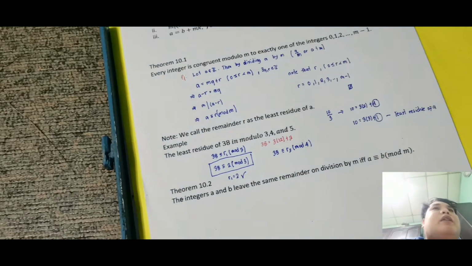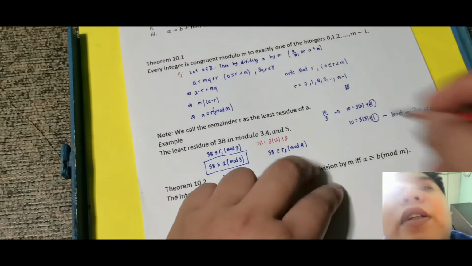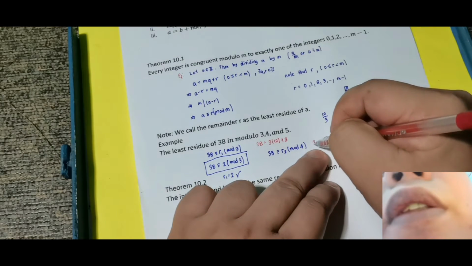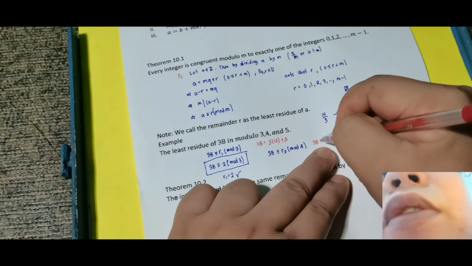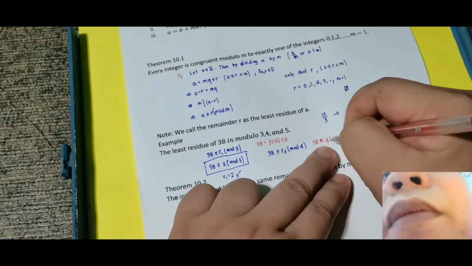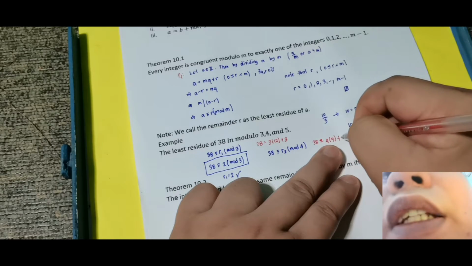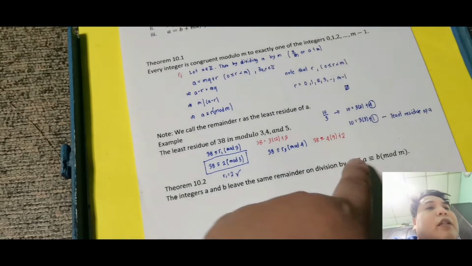Isip tayo. Possible dinivide ko siya sa 4. So 38 is equal to 4 times 9, kasi that is 36, then plus 2 pa rin. Yun yung pinaka-possible na pwede ko makuha.